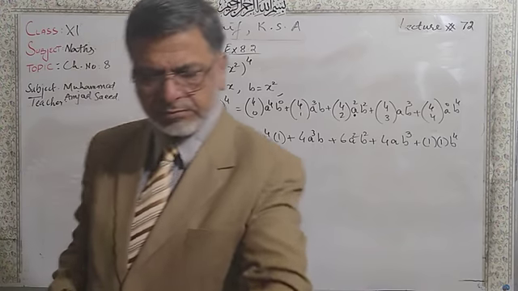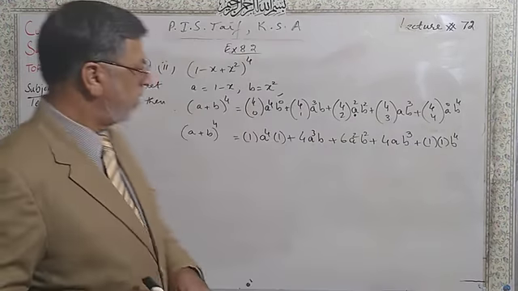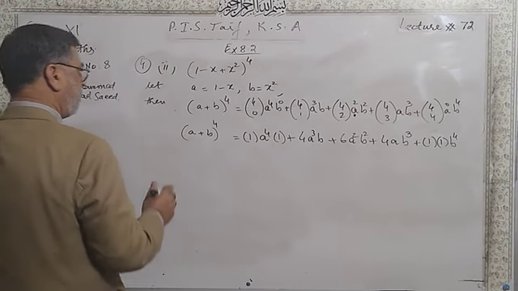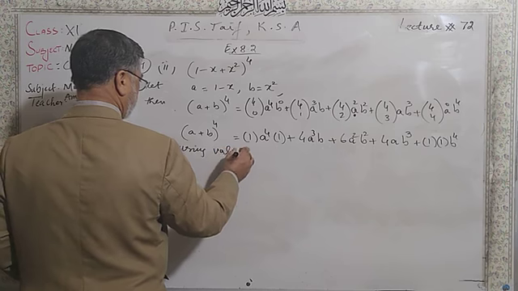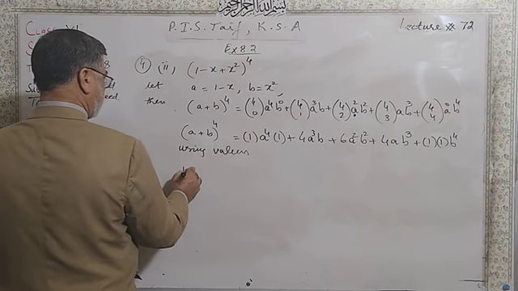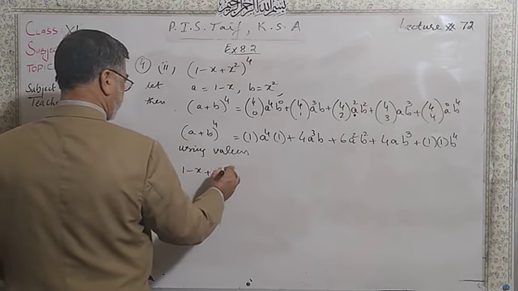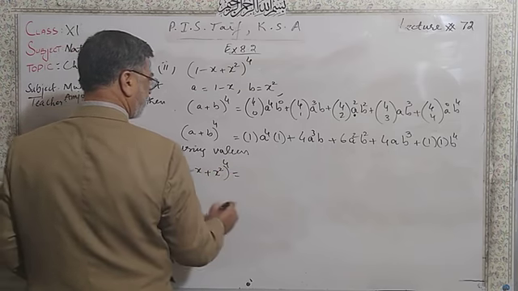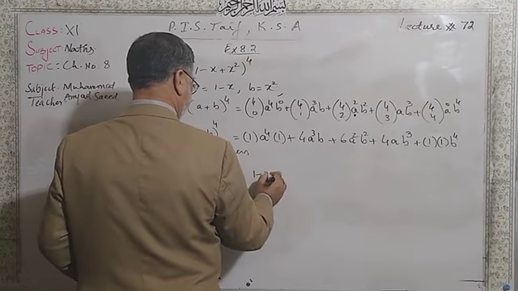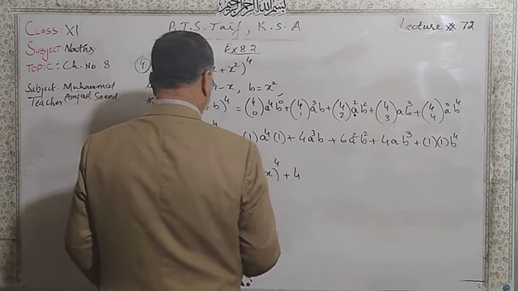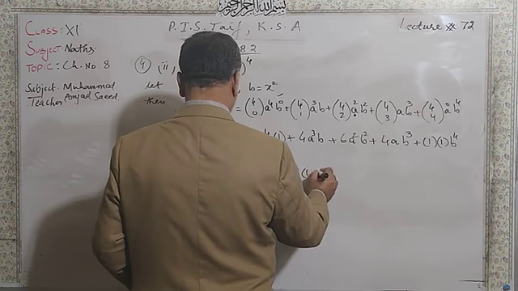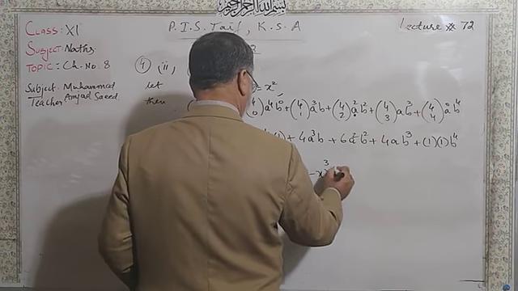Now you can have 1 minus x plus x square whole power 4. A is 1 minus x whole power 4. 4 into A is 1 minus x power 3.